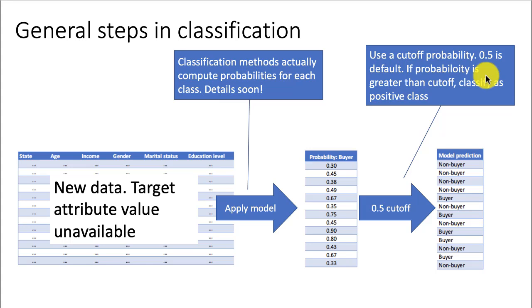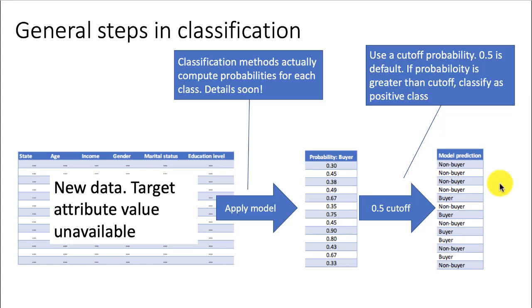So you can clearly see here that any probability that is less than 0.5 becomes a non-buyer, and any probability that is greater than or equal to 0.5 becomes a buyer. That is because the probability that we have here is the probability of a person being a buyer. Of course, conversely, you can also calculate the probability of somebody being a non-buyer, which is just 1 minus this value.